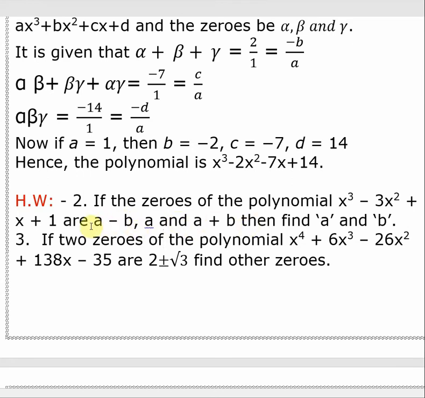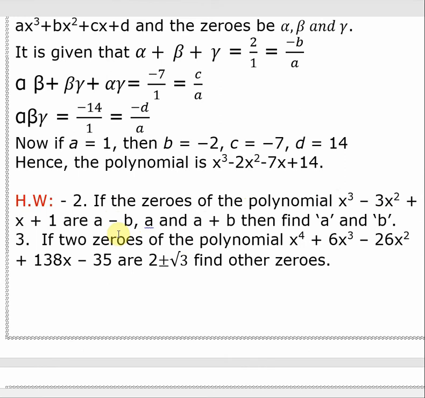Since these are the zeros of the polynomial, this is alpha, this is beta, and this is gamma. So you can compare: alpha plus beta plus gamma, just like the previous one, equals minus b by a, which you can get from the polynomial. From there you get one equation.